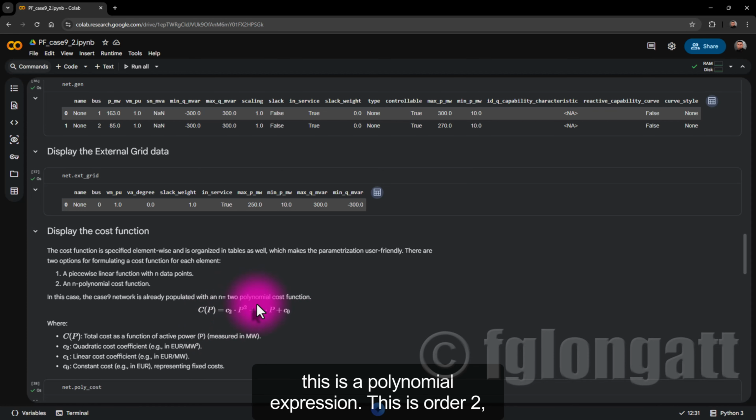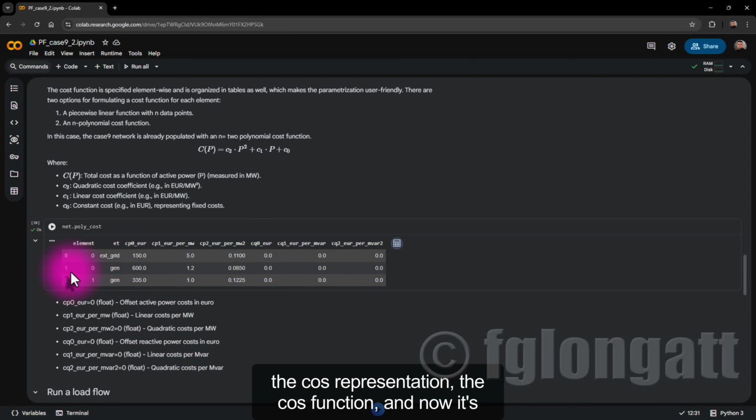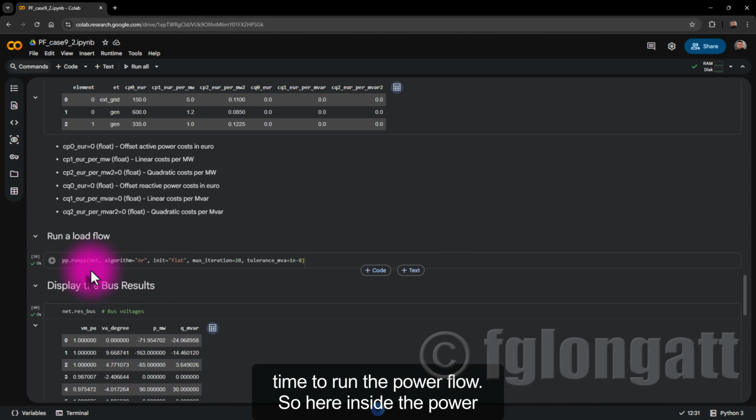This is order 2, so there are 1, 2, and 3 coefficients. For instance, the coefficient C1 is the linear cost coefficient, and the units are euros per megawatt, okay? So you can see here the cost representation, the cost function, and now it's time to run the power flow.